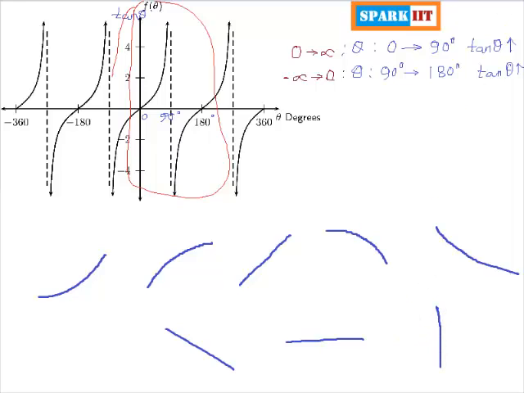We'll see the trends of the slope. We'll take 2 points in each and draw the tangents.